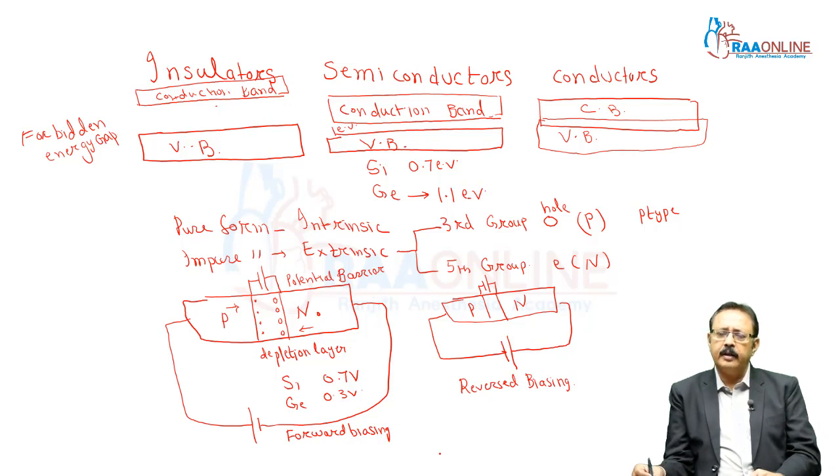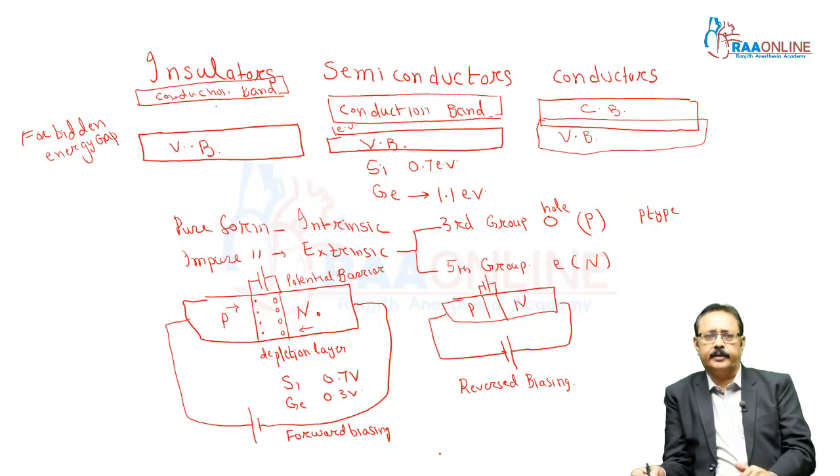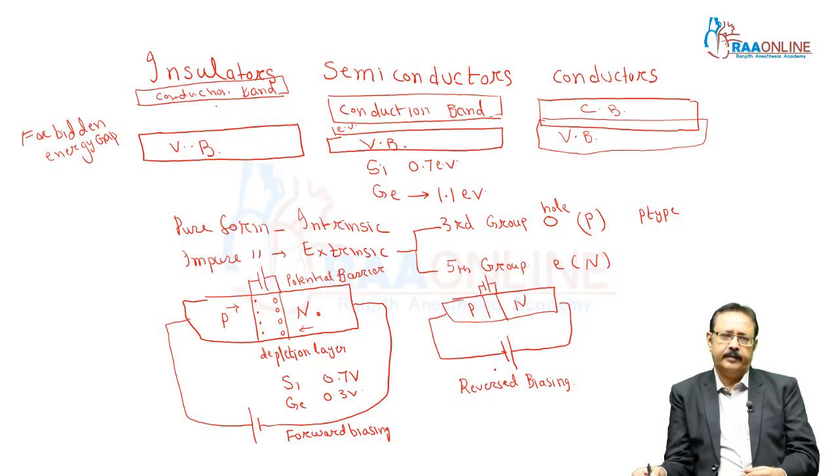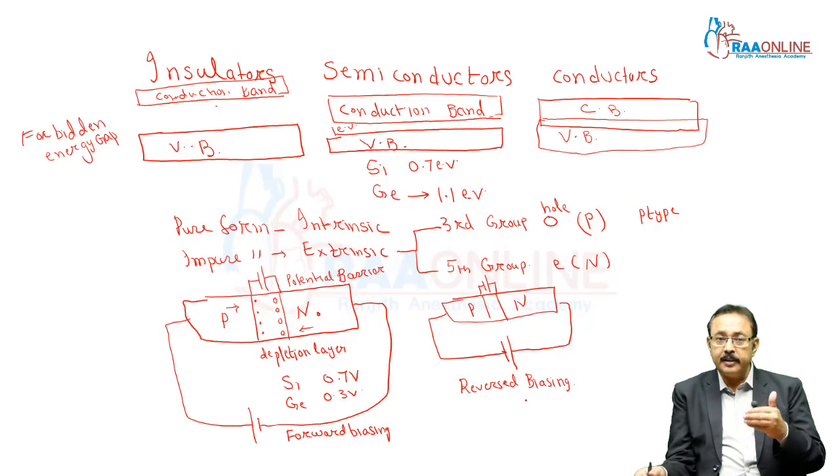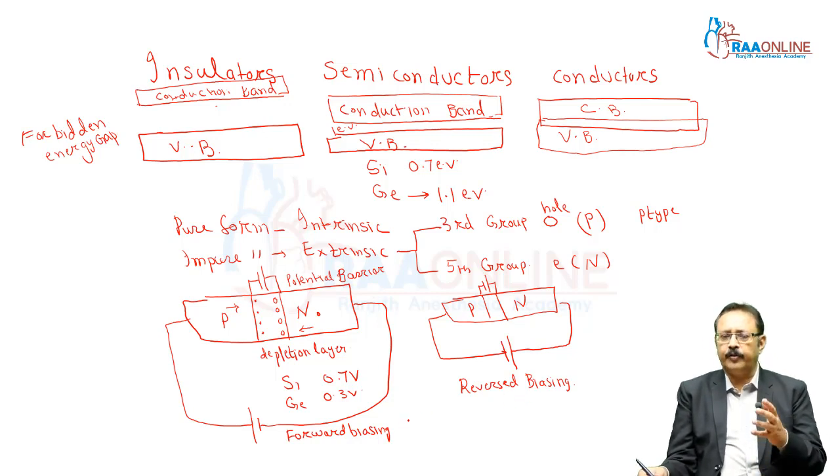But if you continuously increase the reverse voltage, at one point you will see the current is totally blocked. But if you increase the reverse voltage further, after some time you will see a sudden increase in the current, which means there is a breakdown of your barrier.